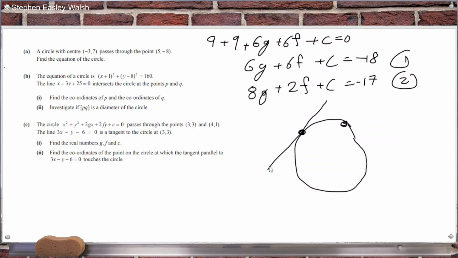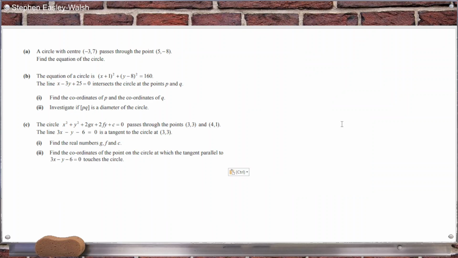So there's some point here that will make this the same distance. I don't really want to use the perpendicular distance formula. I feel like that's making it more complicated. Let me think for a second. Okay, I have an idea.